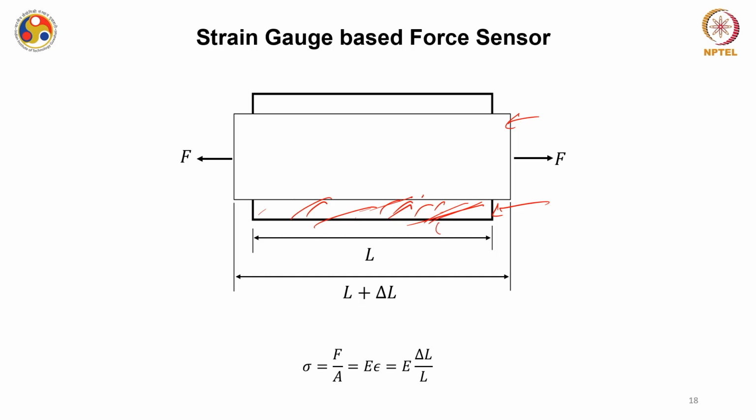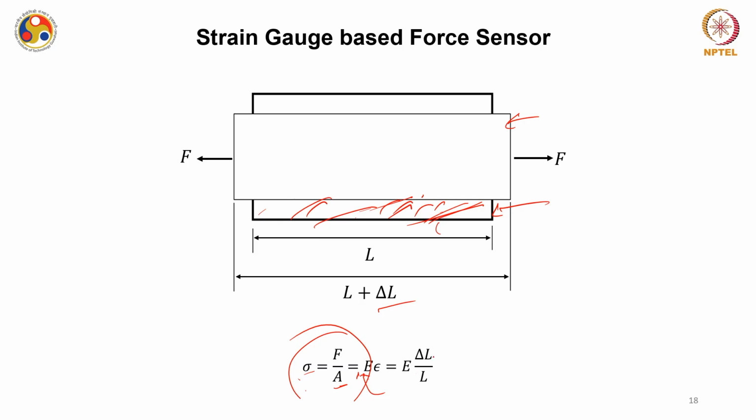As you know, there will be some deformation if I am talking about strain. So, if the strain is del L by L, I can calculate it by this formula. Sigma, that is the stress, is force by area. In terms of Young's modulus, this is equal to Young's modulus into the strain, or Young's modulus into del L by L, which defines the strain.